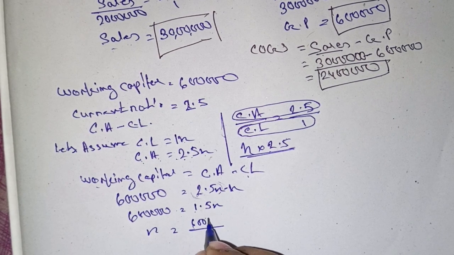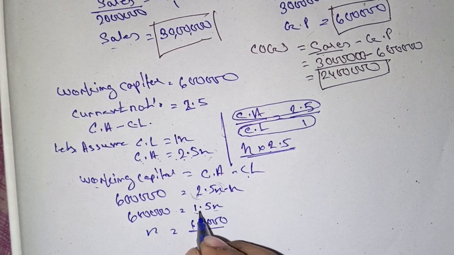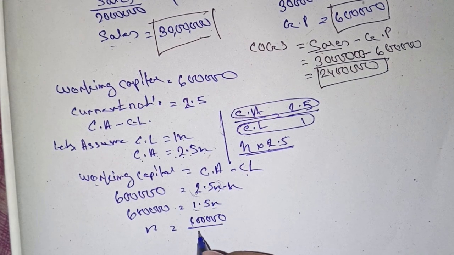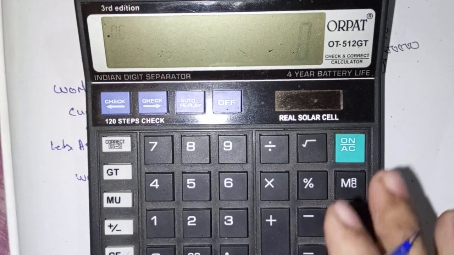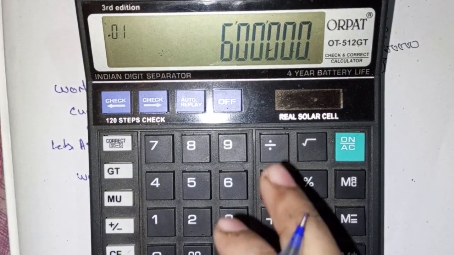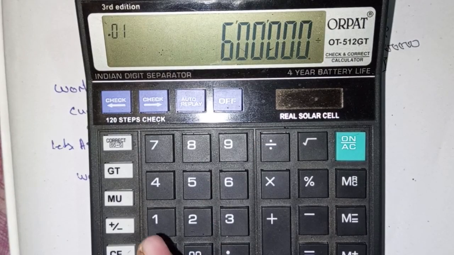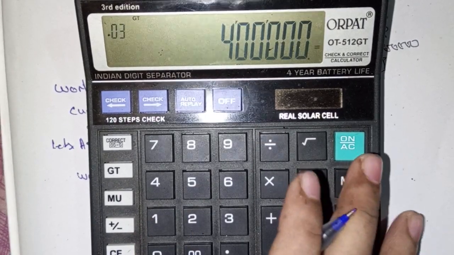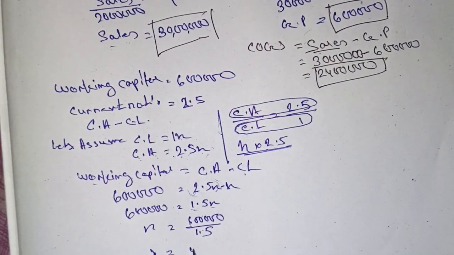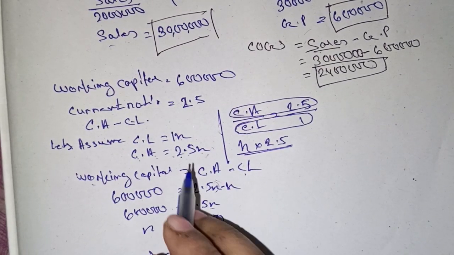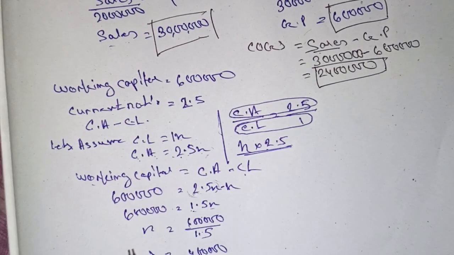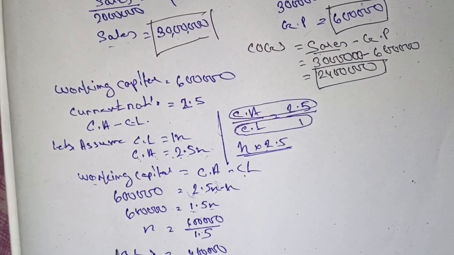So x equal to 6 lakh divided by 1.5, which is 4 lakhs. Okay, so x means our current liability.